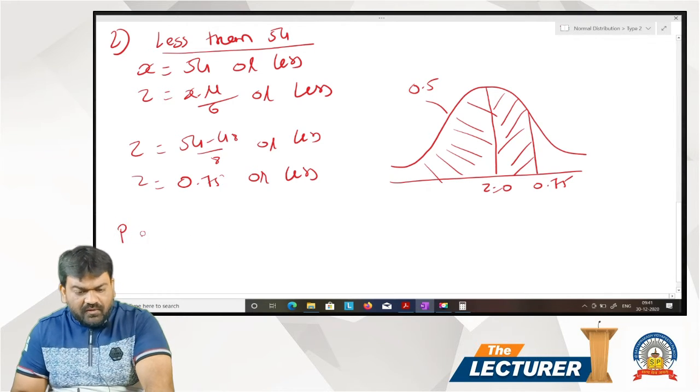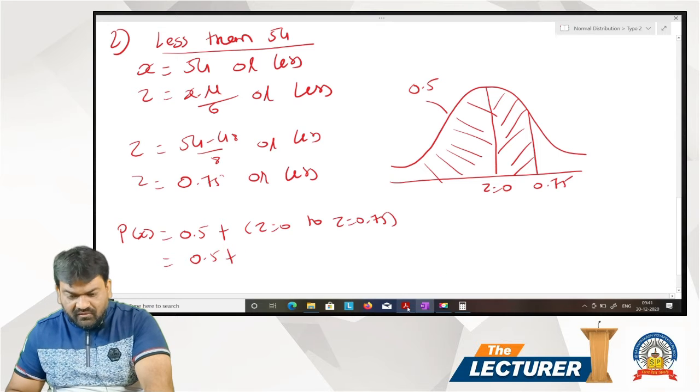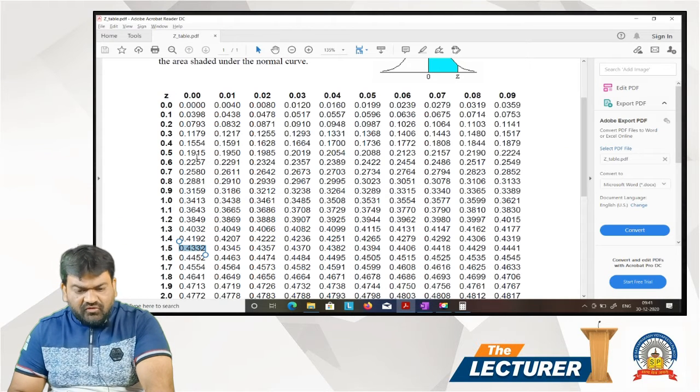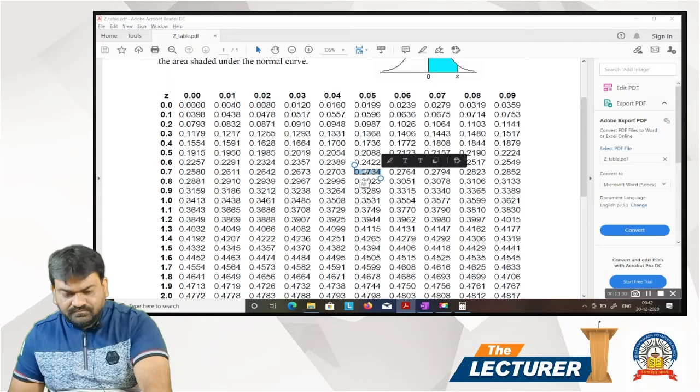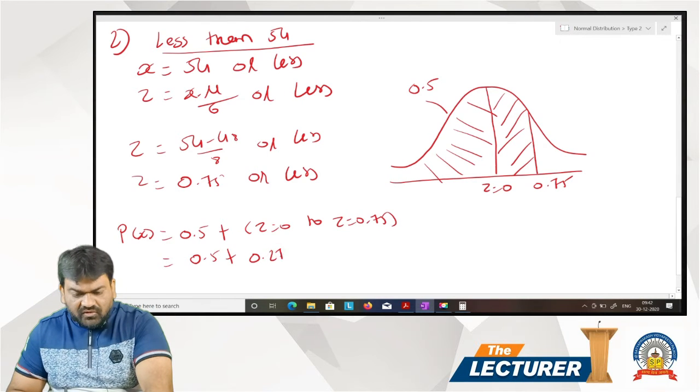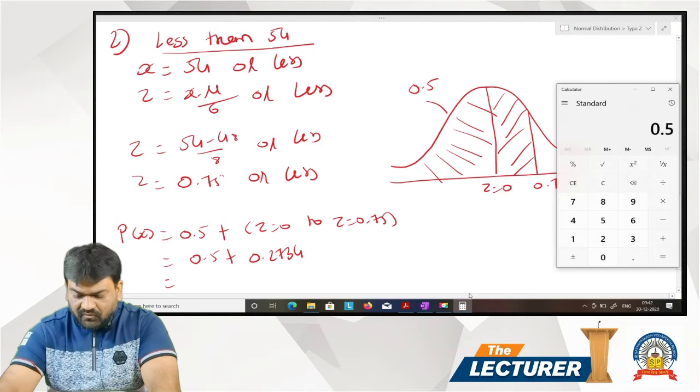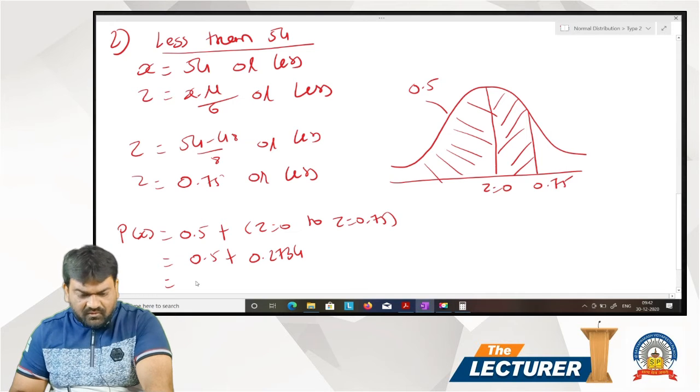So P of x is equal to total probability of left hand side, that is 0.5, plus z is equal to 0 to z is equal to 0.75. 0.75 is 0.2734. 0.2734 plus 0.5, that is 0.7734.